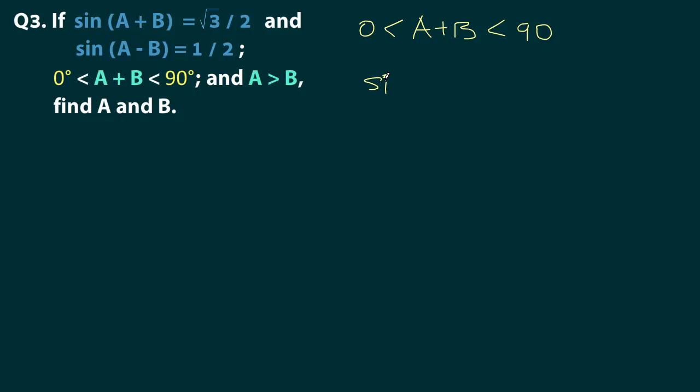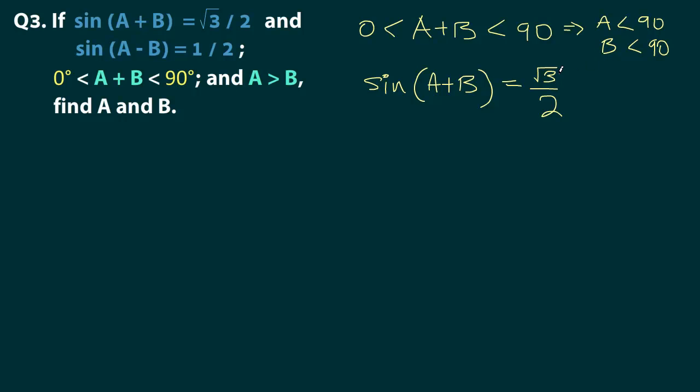We have been given sine of A plus B. This value is given as square root 3 by 2. Now what follows is that A is less than 90, B is less than 90, because the sum of them is less than 90, right?